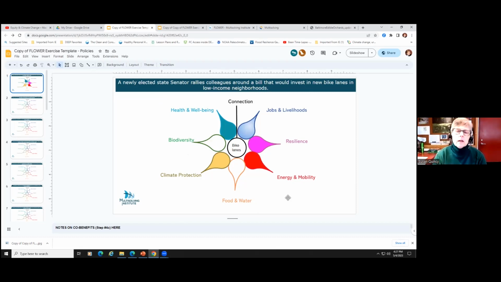And food and water, I myself did not color it in, but it could be argued that potentially if you write up in your scenario that your bike lanes will take more of the urban community and connect them to grocery store sections, which are on the fringe of the urban sector, or bringing in closer travel so that people can have access to better food systems, then you could definitely go in and color that as well.